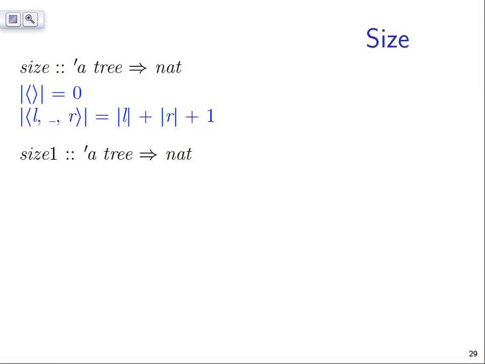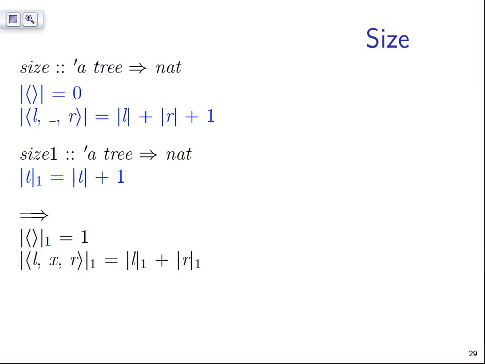And then we have size1 that doesn't count the number of nodes, but the number of leaves. Although it's defined in a non-obvious way, it's defined just by adding 1 to the number of nodes. But if you're familiar with binary trees, you'll know that there's always one more leaf than there are nodes in there. And in fact, from that definition of the size1 function, you get exactly the recursion equation that you would expect.